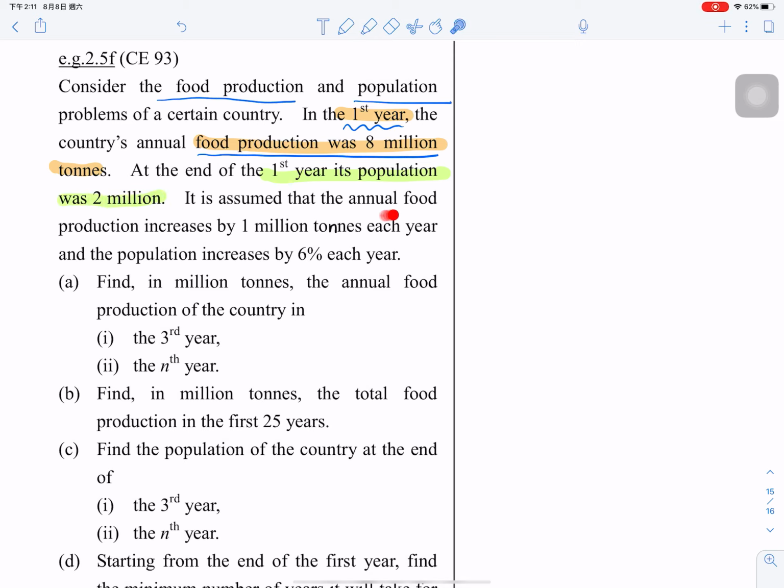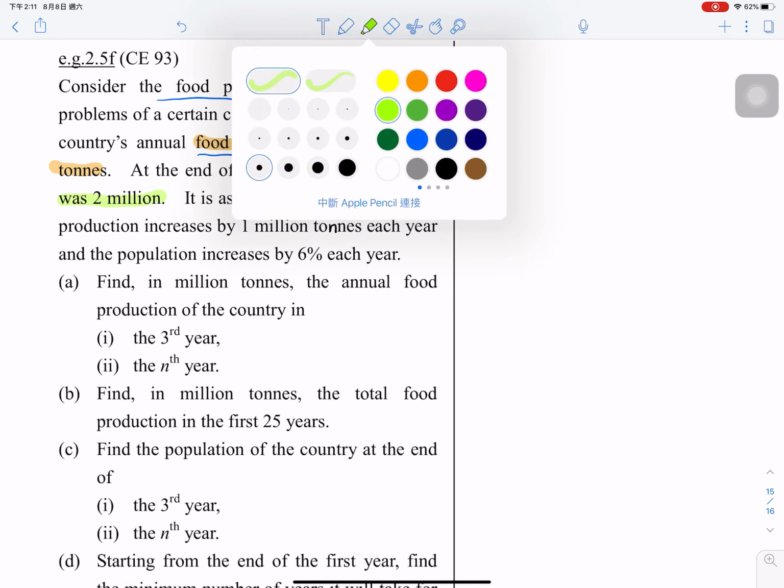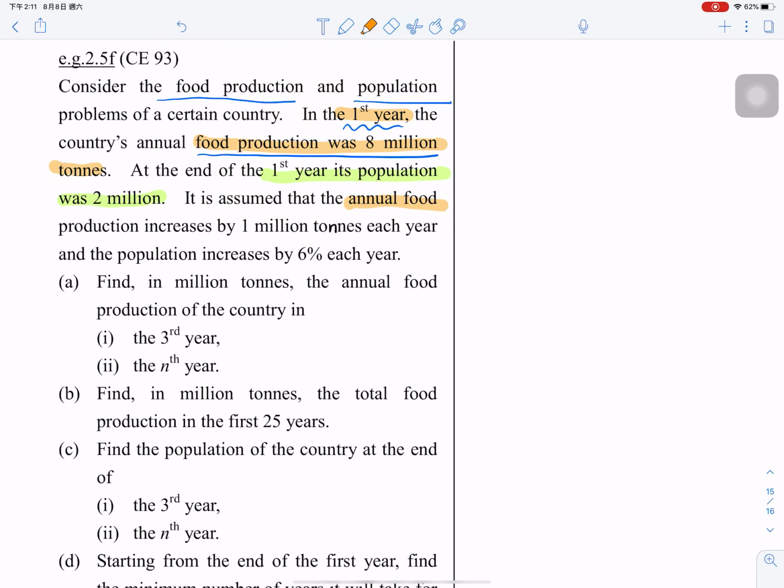It is assumed that the annual fruit production increases by 1 million tons each year, and the population increases by 6% each year. So the food production increases 1 million tons each year, and population increases 6% each year.